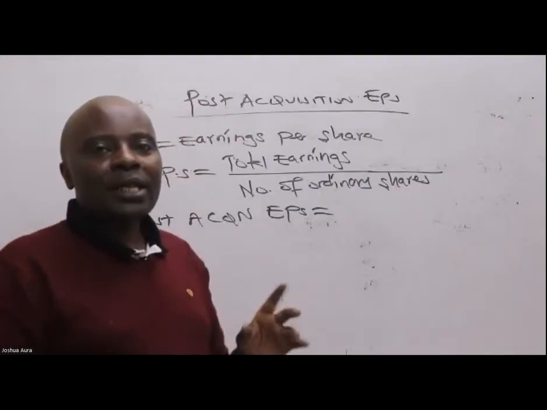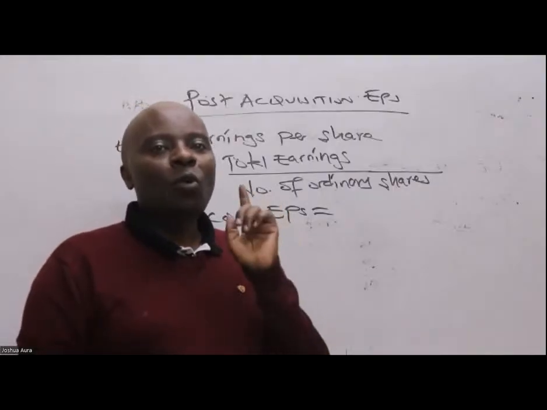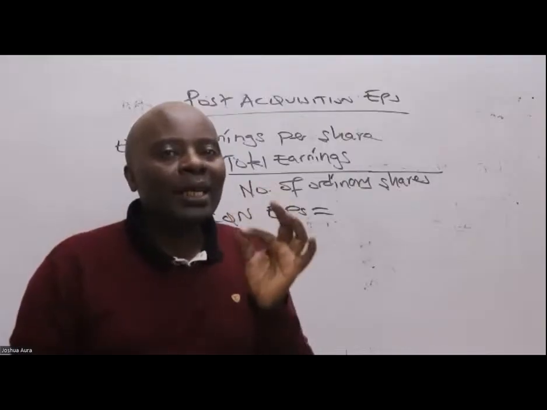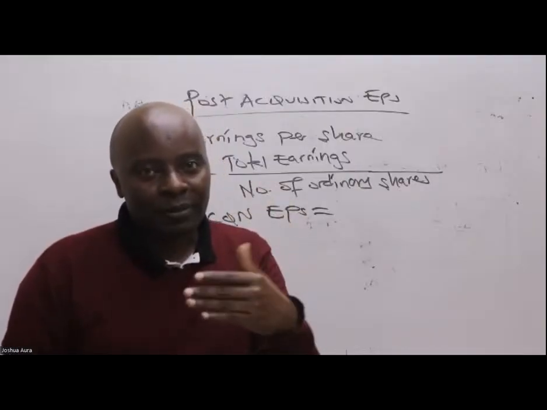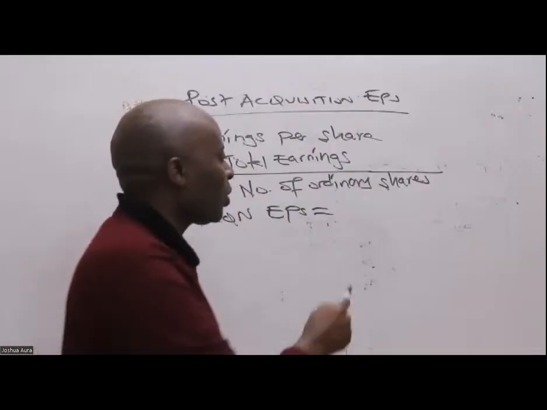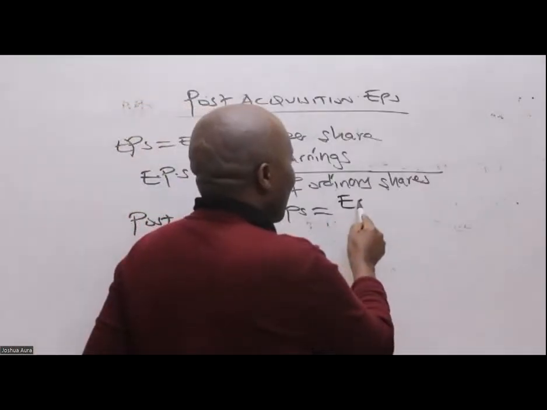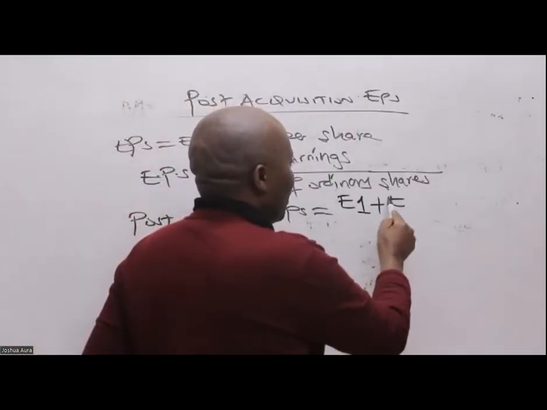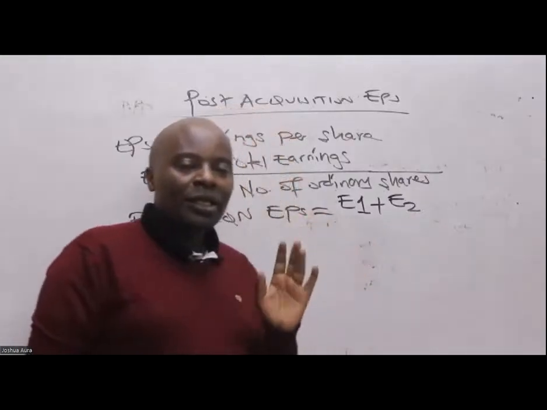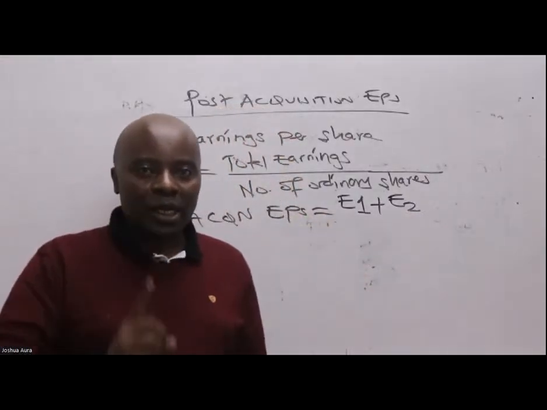So after marriage, we are supposed to have one joint account and combine our earnings. So we shall talk of earnings of the husband plus earnings of the wife. These are supposed to be in one joint account.